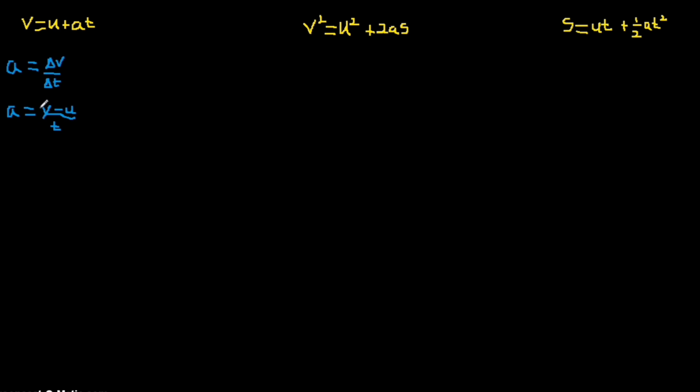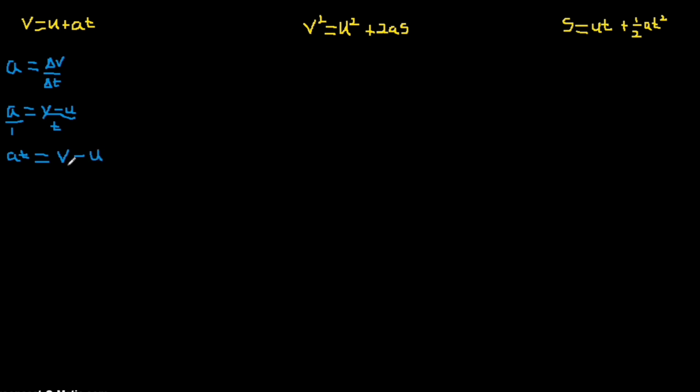Now to make v the subject, we need to cross multiply the equation. We know that a times t is equal to 1 times v minus u, which is v minus u.